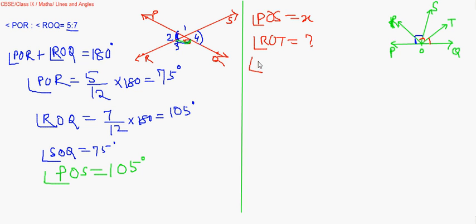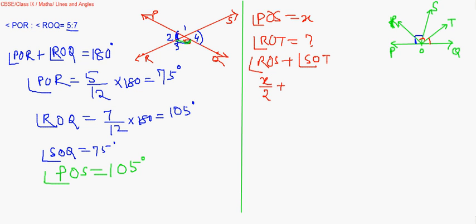It will be ROS plus SOT. We don't know the measurement of these two. ROS will actually be X by 2, because ROS is half of POS, so we can write it as X by 2. Now we need to find SOT.